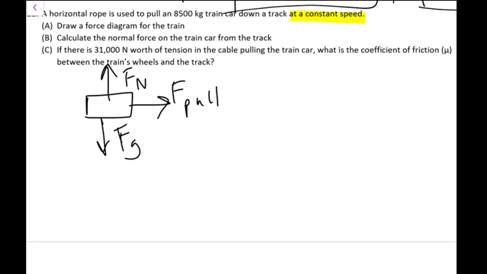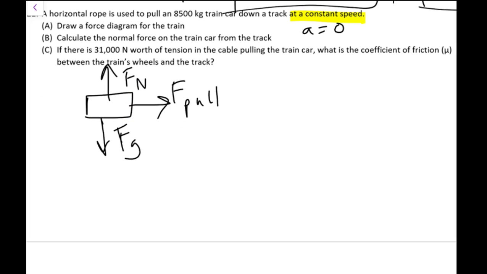Is there friction? Well, there has to be. If we have a constant speed, then that means that the acceleration is 0, which means if this was as is, then this force of the pull would accelerate it because there is nothing canceling it out over here.